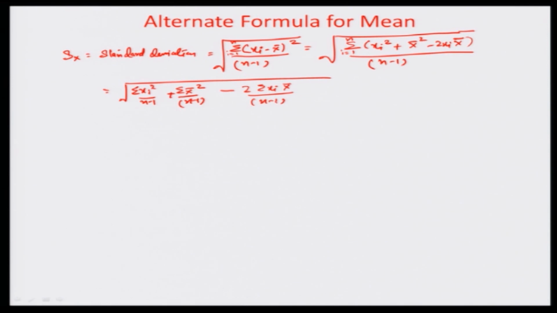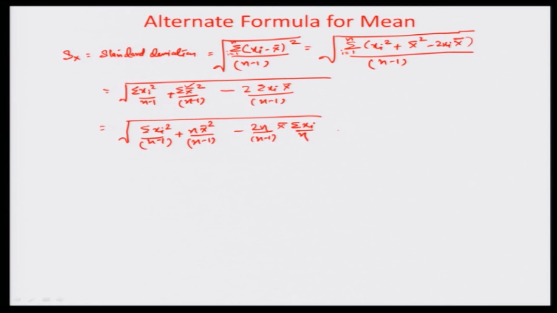Having said that, we can also try to further simplify it by substituting this as n x bar square, because you are repeating the x bar square exactly n times here, divided by n minus 1, minus twice of, if we multiply and divide by n, x bar sigma xi by n.